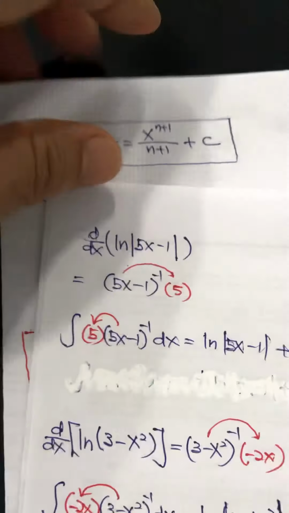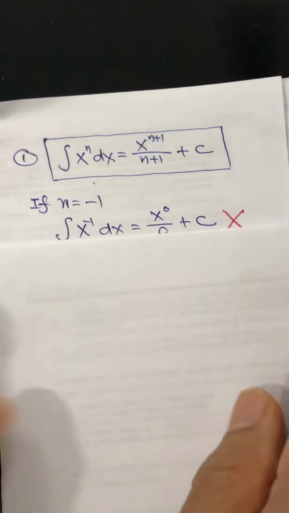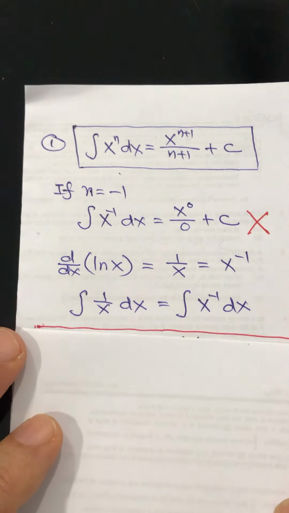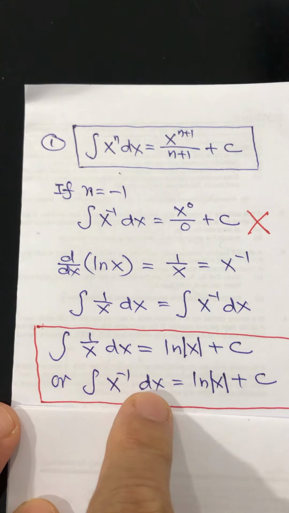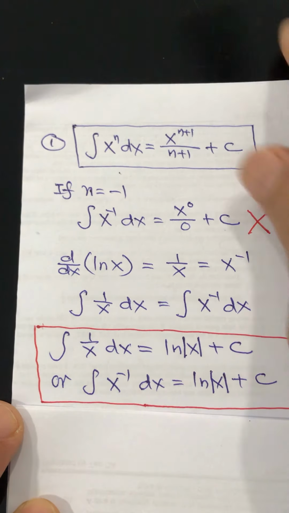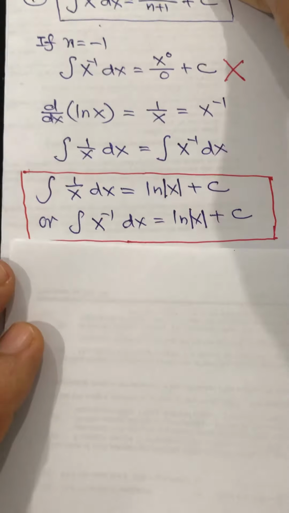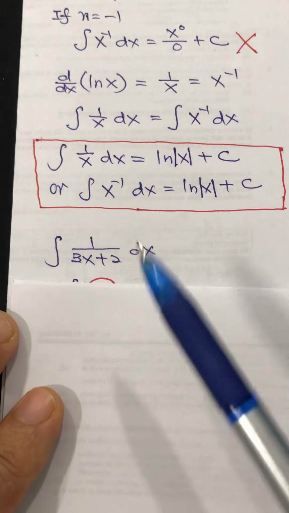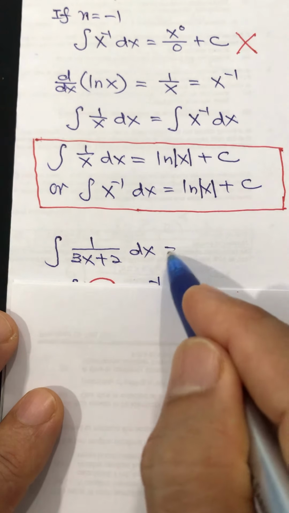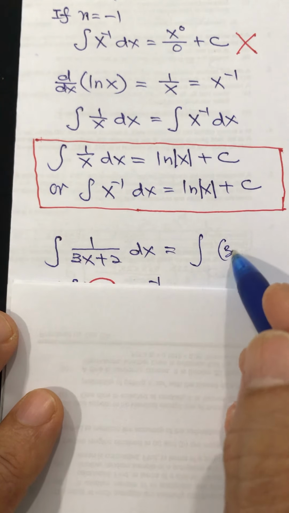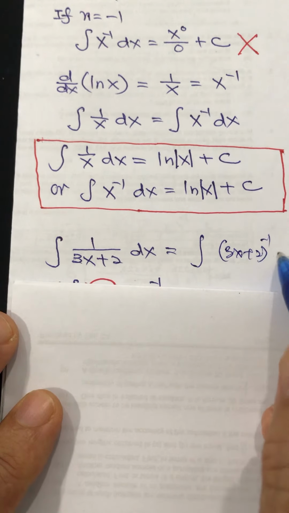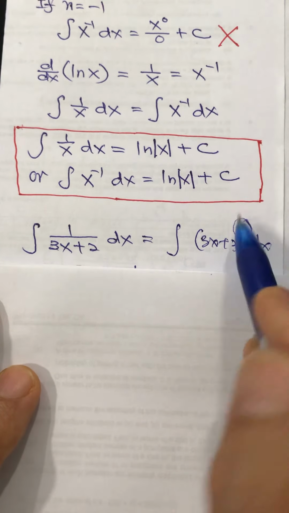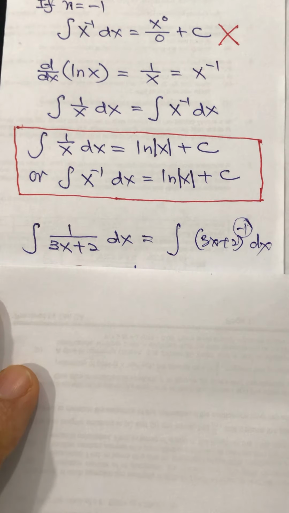So from here we come back to this, you see. If the power is negative 1 like that, if you integrate negative 1, you get ln. Usually we have a modulus there. Now you see, I want to integrate this. This one can be written as (3x plus 2) to the power negative 1. If I want to integrate this negative 1, I will get a ln, isn't it? It cannot be 0 over 0.